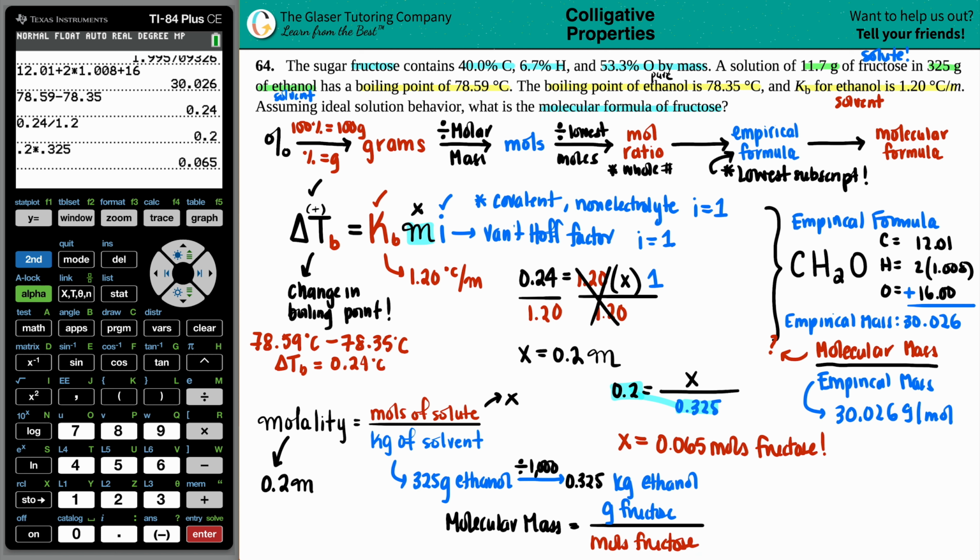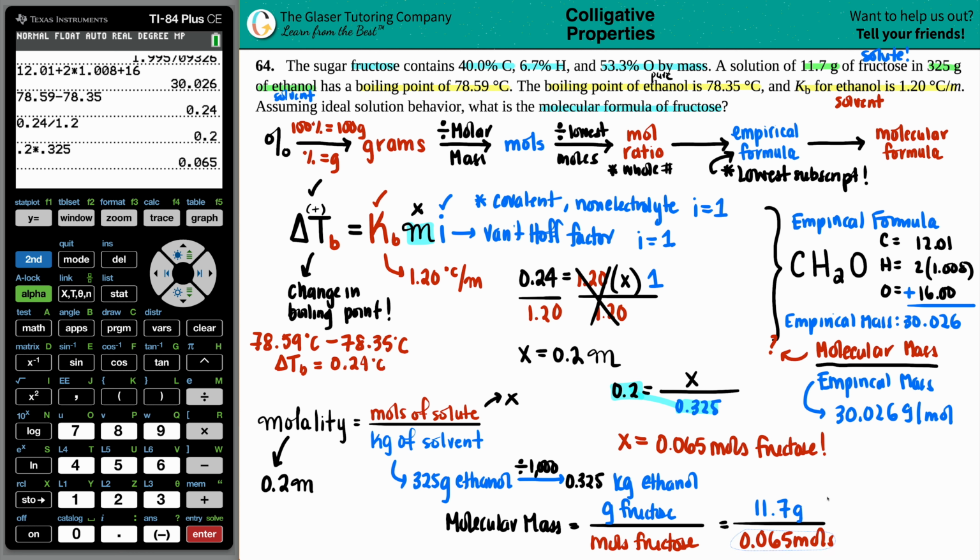Did they give us a gram amount for the fructose? Yes, they did, right? They told us that we had 11.7 grams. And the moles that I just found out was of fructose, so this is 0.065 moles.